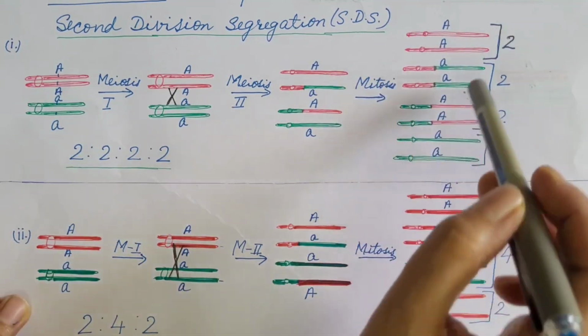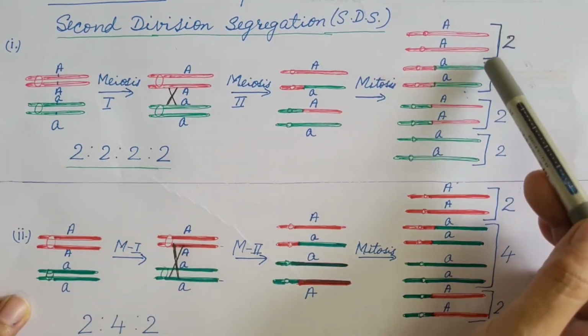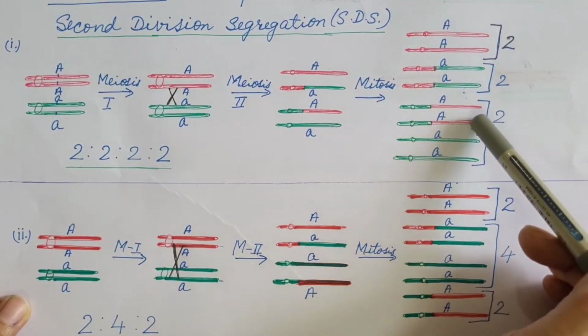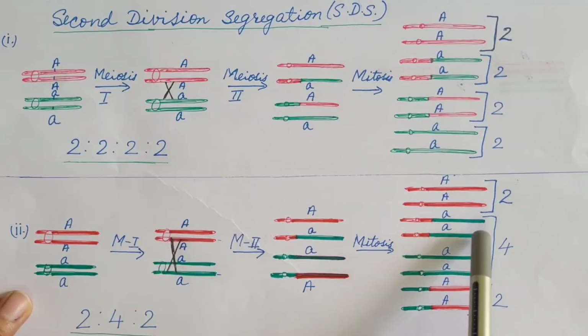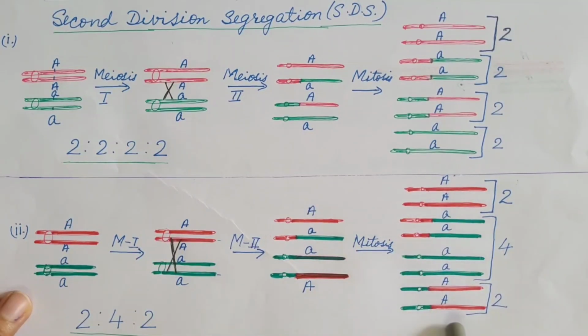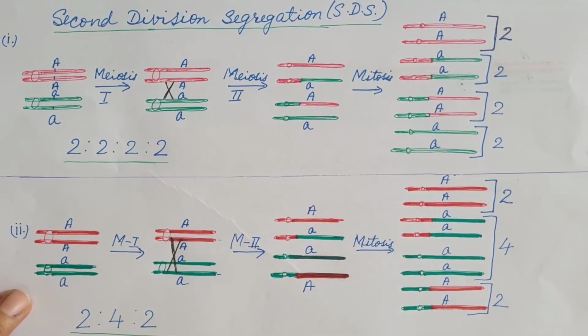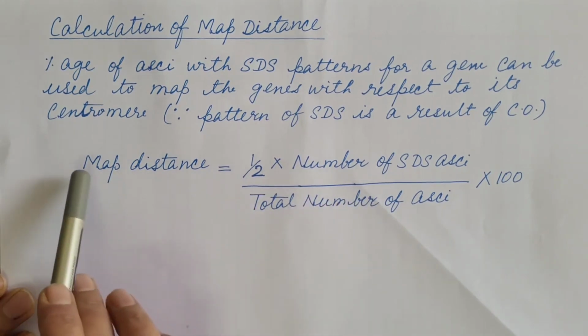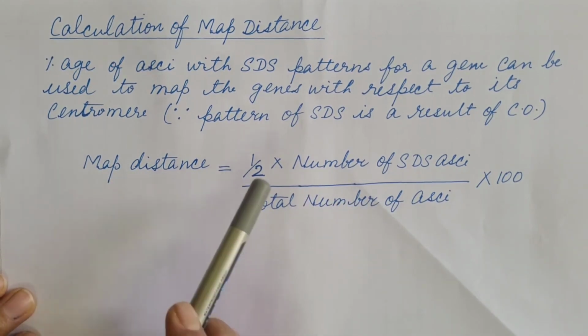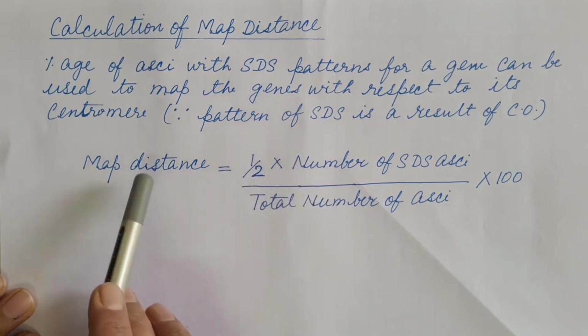If we see here, among the 8 spores, only 4, 1, 2, 3, 4 are of crossover type. Similarly here 1, 2, 3, 4, that is half of the spores are of crossover type. In this way, using this formula, we calculate the map distance between the gene and its centromere.